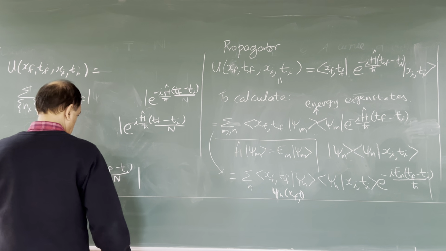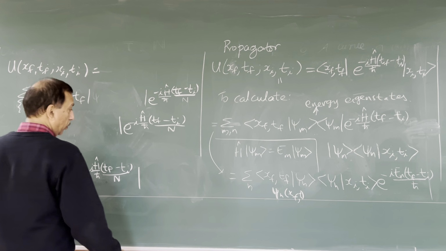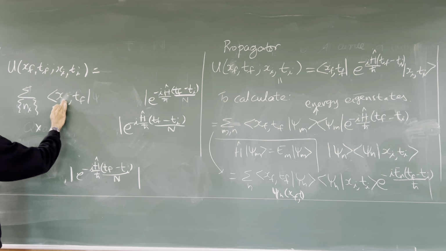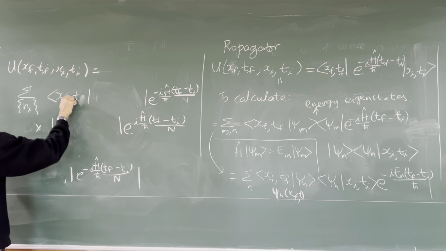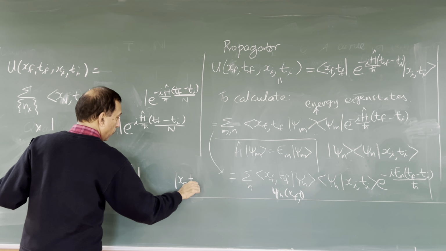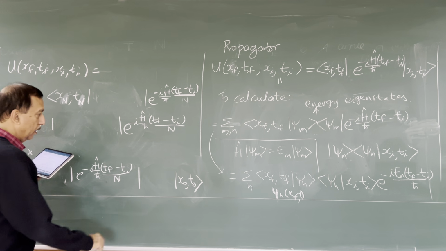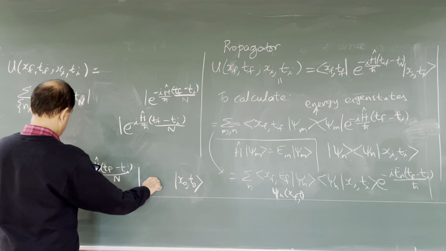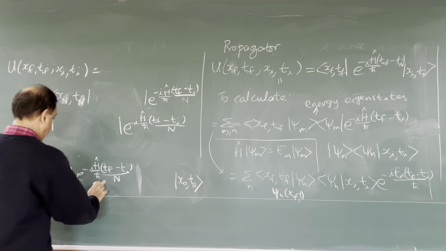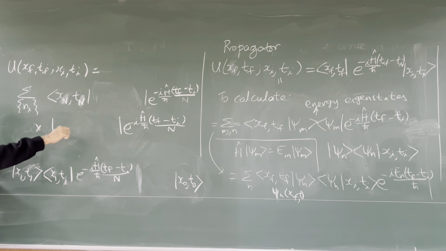So here, the last one, okay, I'll also change my notation a little bit with your permission. The final one I'll call xN tN, and the first one I'll call x0 t0. It will make it much easier to write formulae. Okay, then here I put this thing, then here I put x1 t1, here I put x1 t1, and I repeat.